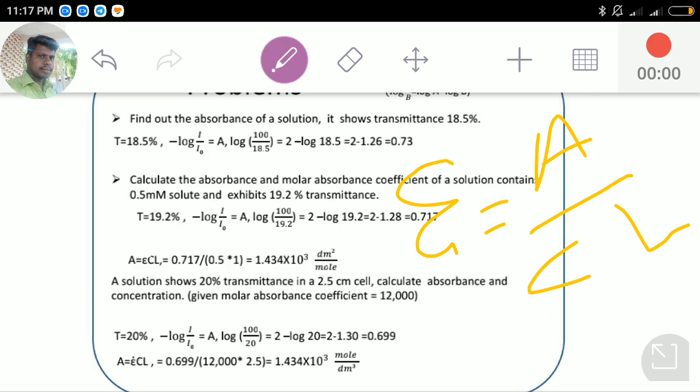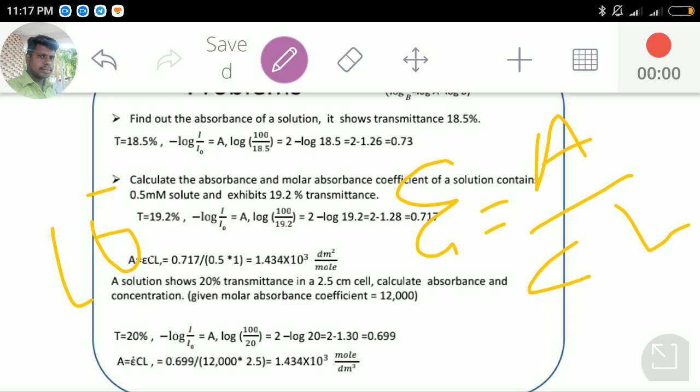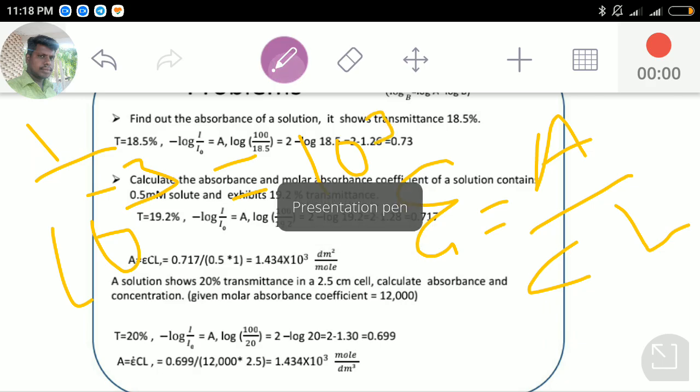Here the concentration is given in millimoles, so that is coming as 10 to the power 3. It's simple mathematics: 1 by 10 to the power minus 3 equal to 10 to the power 3. So we got 10 to the power 3 because of millimoles.